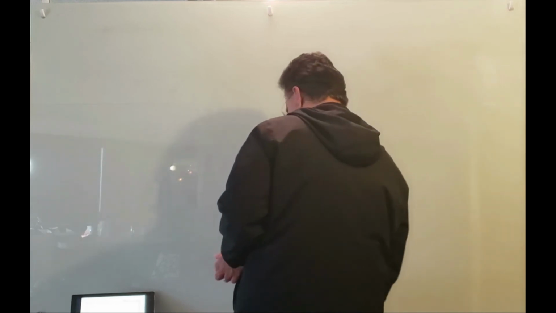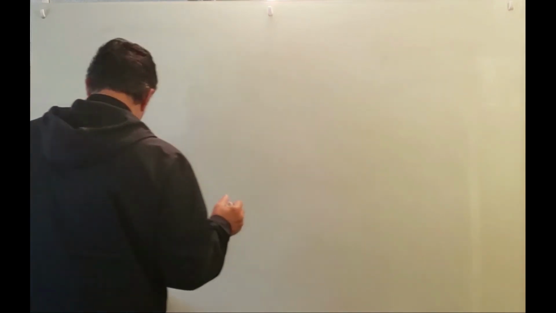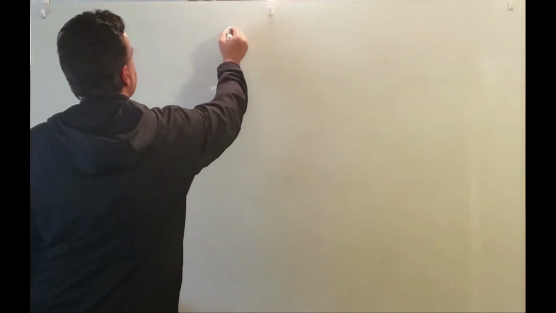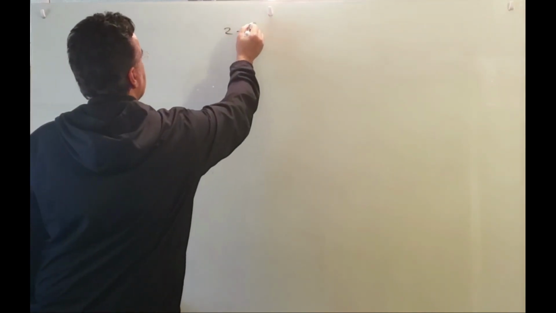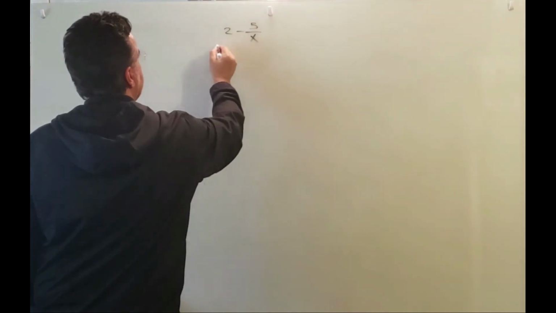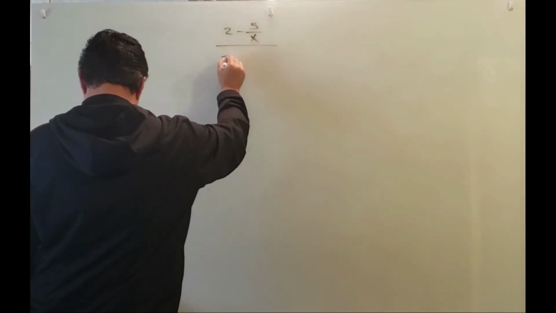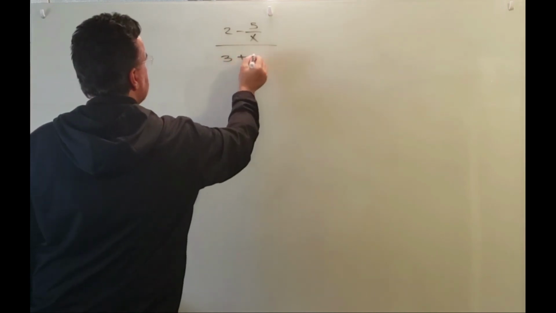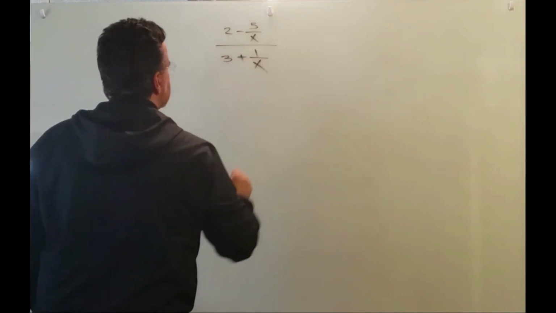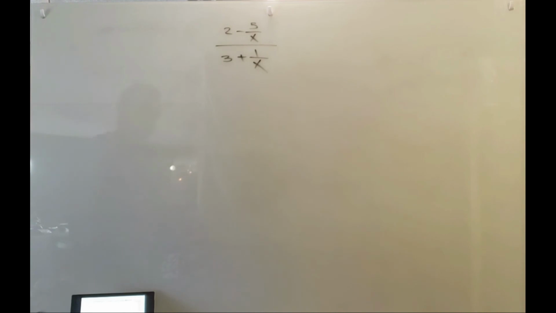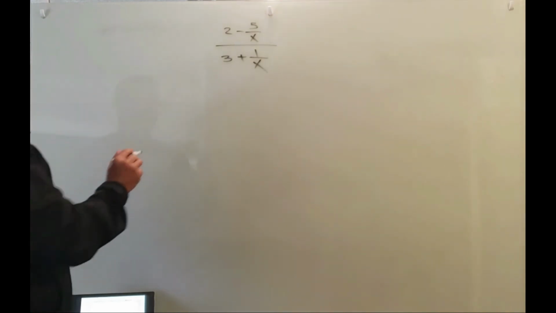So let's say we have something like 2 minus 5 over x, over 3 plus 1 over x. Okay, so to handle something like this, you have two options.